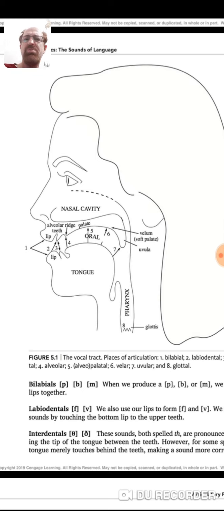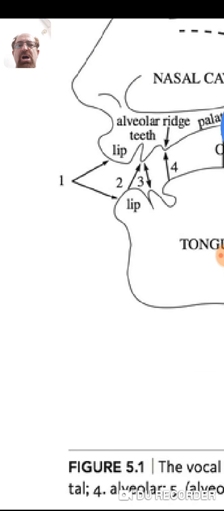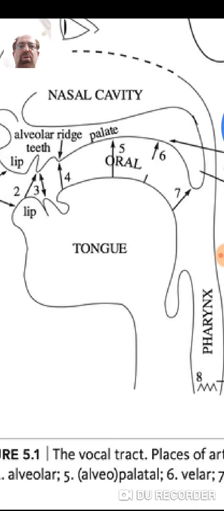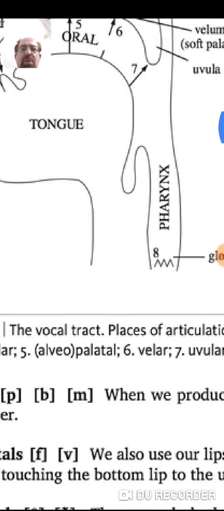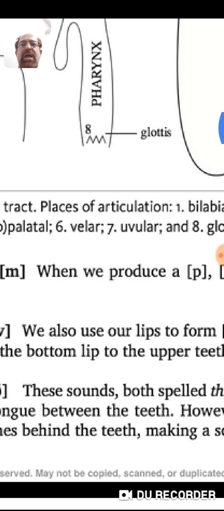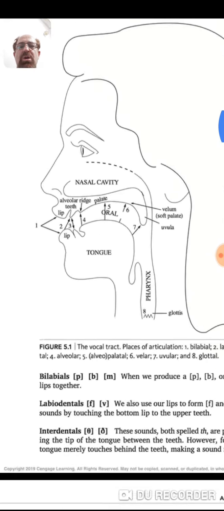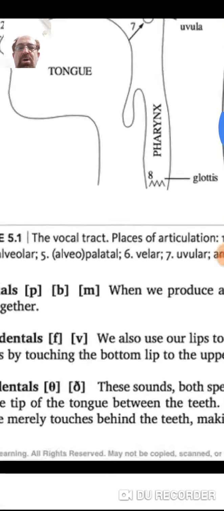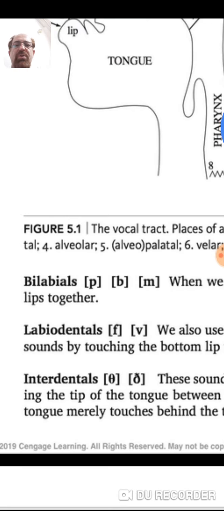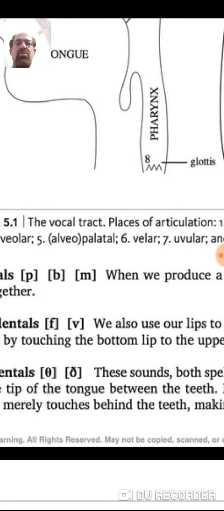Which parts are important? We have got numbers 1, 2, 3, 4, 5, 6, 7 up to number 8. We are working with these places. We are on figure 5.1 and let's call them the vocal tract.